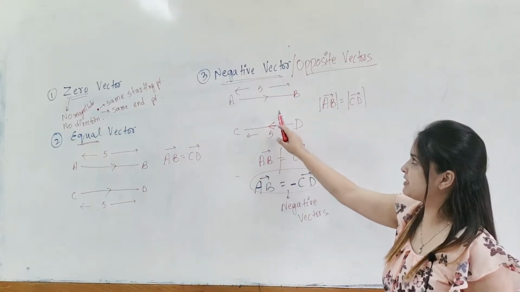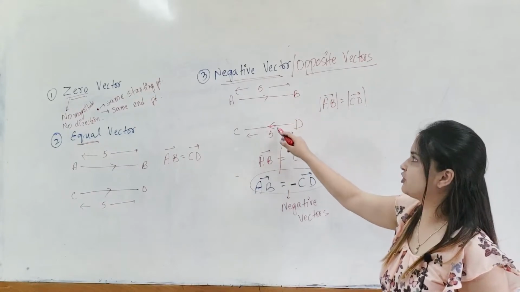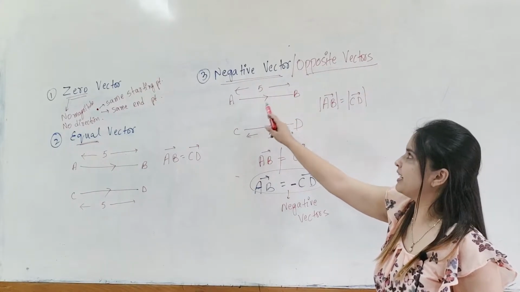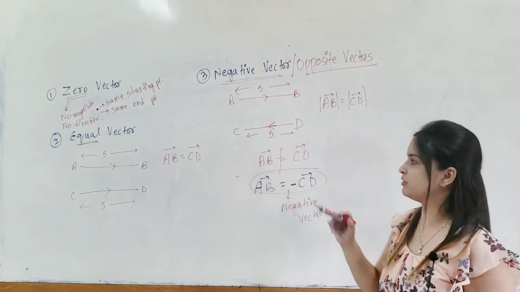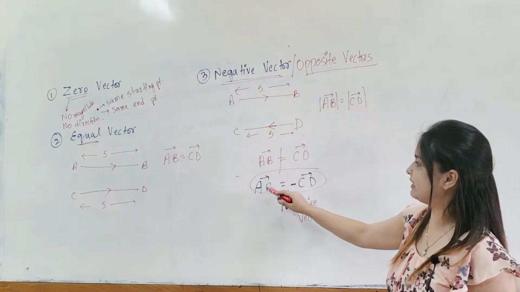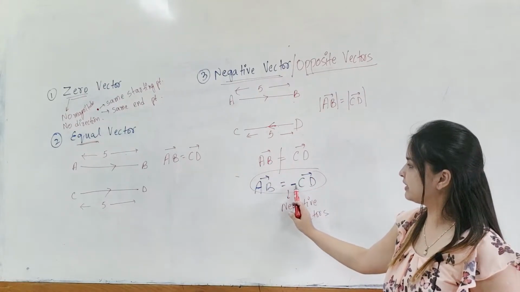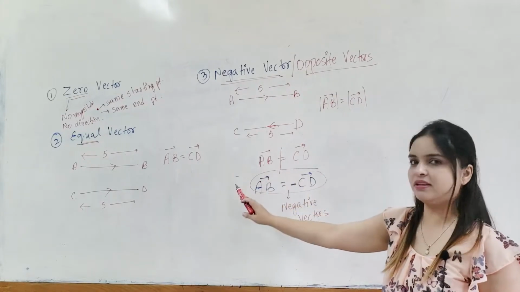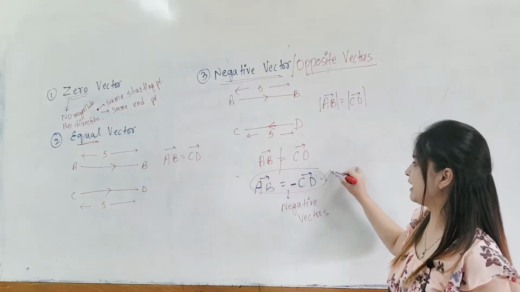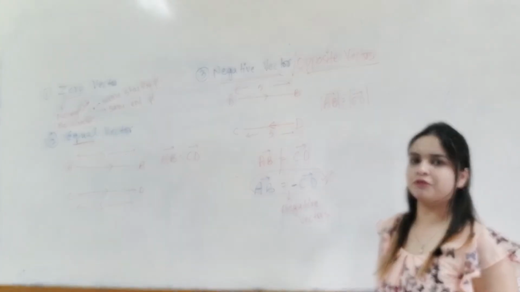The only difference is the direction. Direction is opposite. One is going from A to B, second is going from D to C. So if you want to make these two vectors equal, just put a negative sign on this side or on that side. And then these two vectors become equal. So these were my 3 types of vectors.